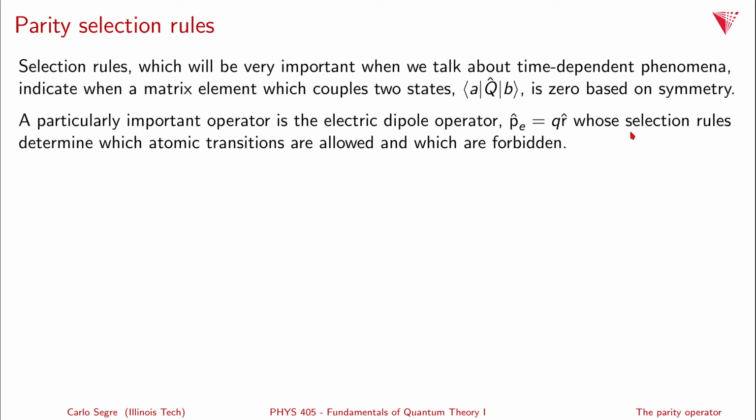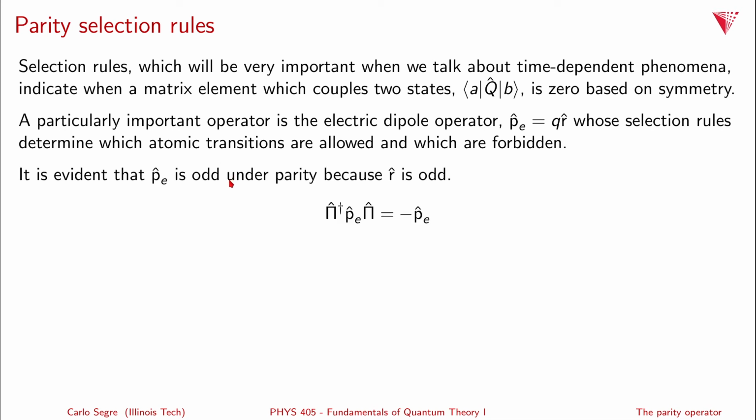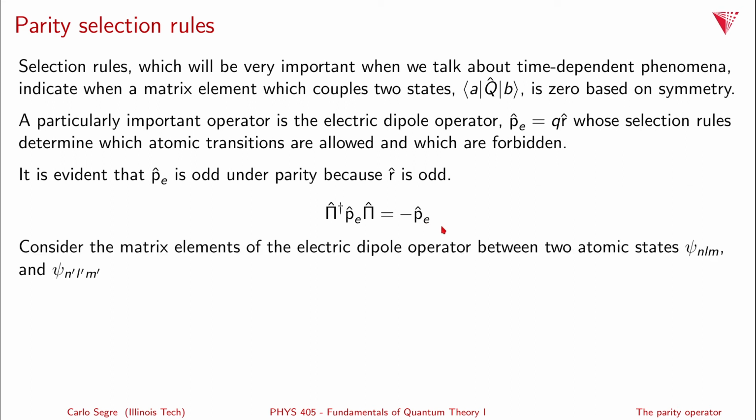The selection rules for this electric dipole operator will determine which atomic transitions are allowed and which are forbidden. This operator, P sub E, must be odd under parity because r is odd and q is just a scalar. So pi dagger P sub E pi is equal to minus P sub E.